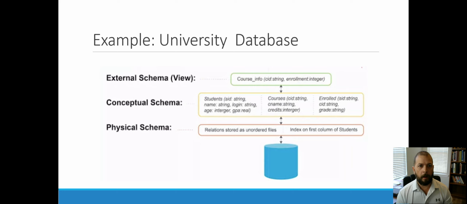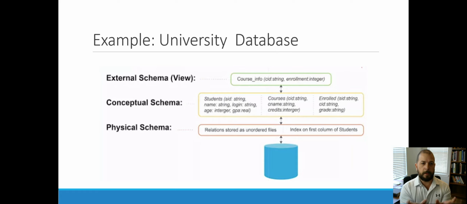And then we have enrolled, which is another entity, or another table, within that database. That has an ID that is actually the same thing as the student ID. So now you see this relationship as well. And then it also has the course ID within that entity.